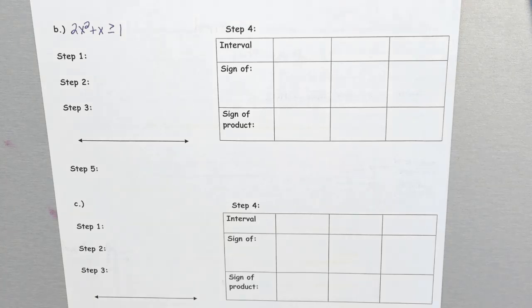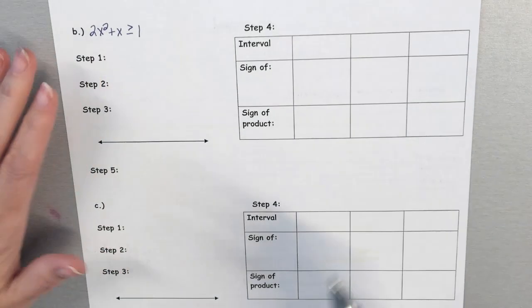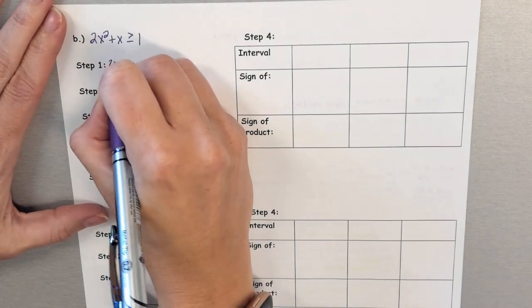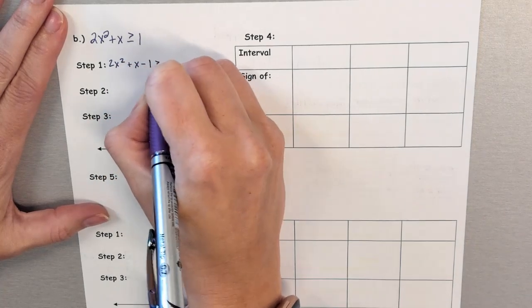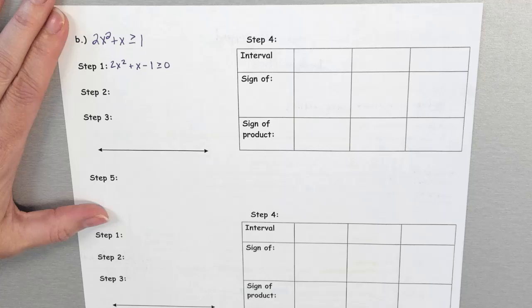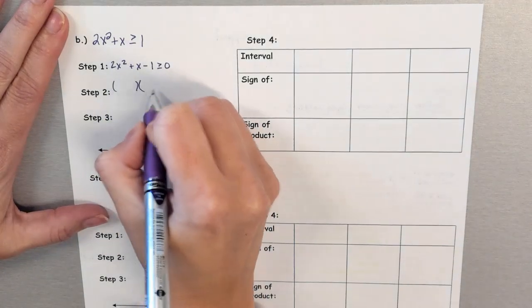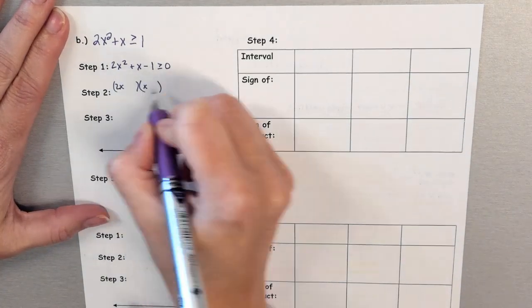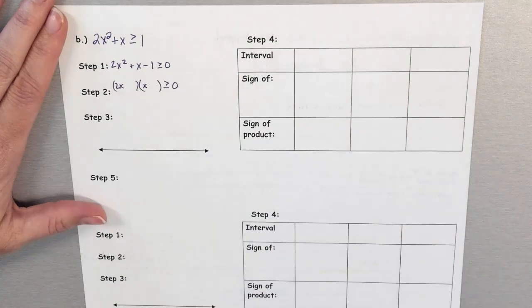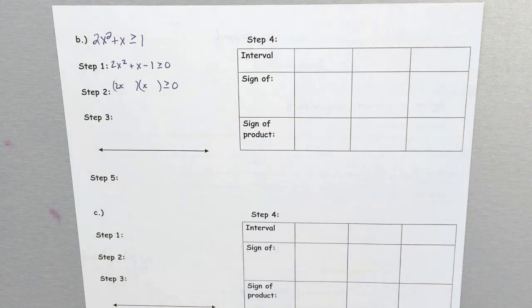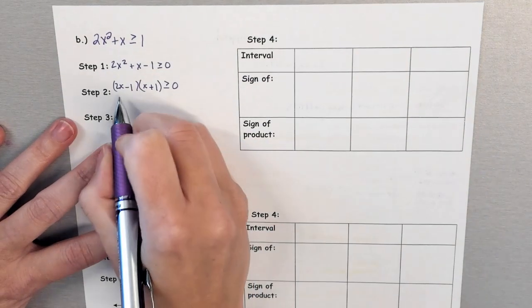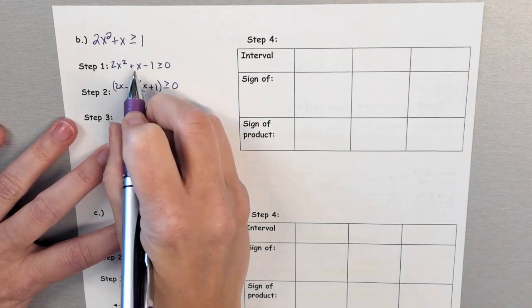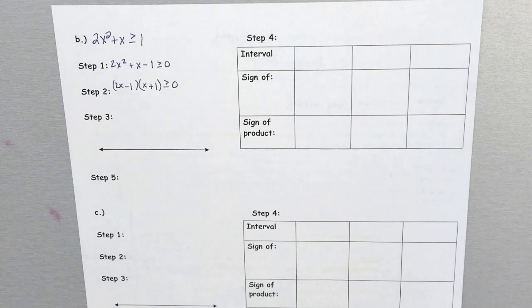Okay, so our first step was to move everything to one side and then to factor. So if you subtract the 1 over, then you can factor. You have to start with 2x, and x has to multiply to a negative 1. So that means 1 has to be positive, 1 has to be negative. We're going to guess and check. So this would be 2 minus 1. That will give you a positive 1.